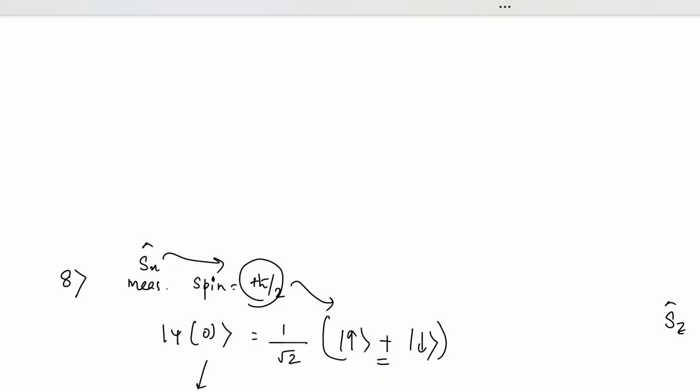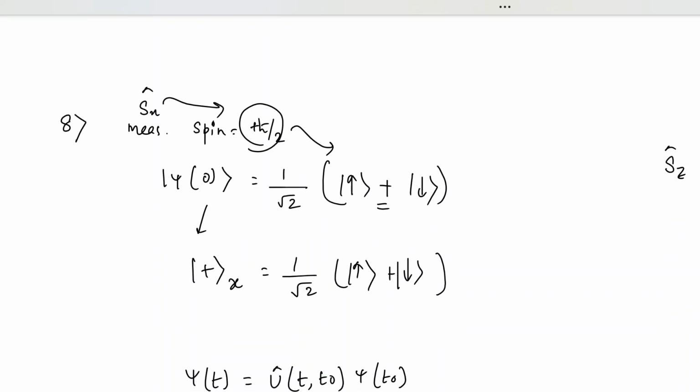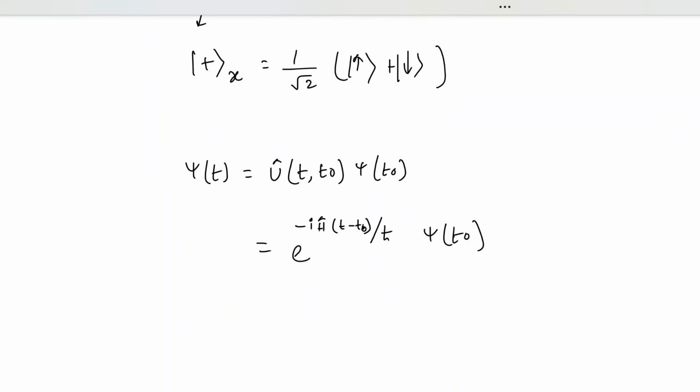Now once you have this, you know that any state psi t under the time evolution operator can be written as U(t, t naught) psi t naught, where U is the time evolution operator, which has a specific form: e to the power minus i H cap (t minus t naught) by h cut. H is the Hamiltonian operator, and t minus t naught is the change in time.